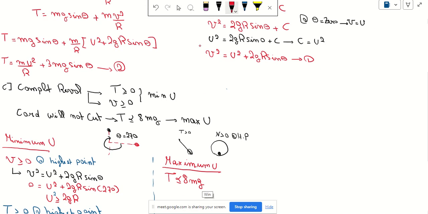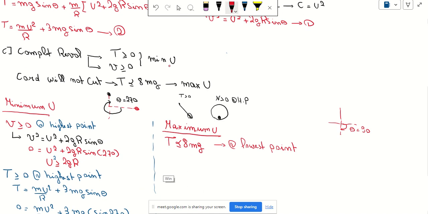So the maximum T is at the lowest point. And the lowest point here, theta, this is again the lowest point, and I'm measuring from this one. 90 degrees, sir. Yes. So theta is equal to 90 degrees.